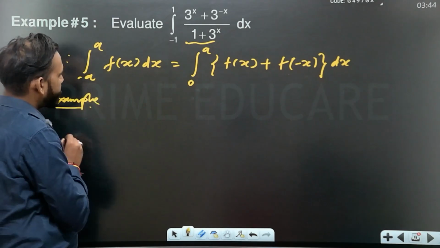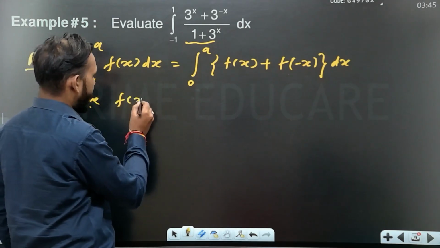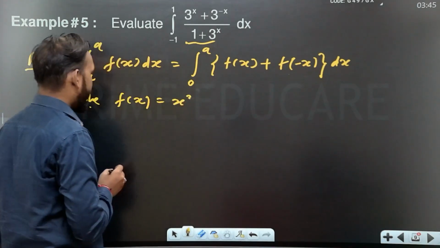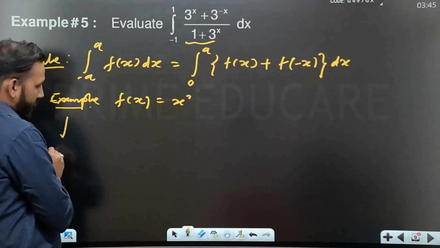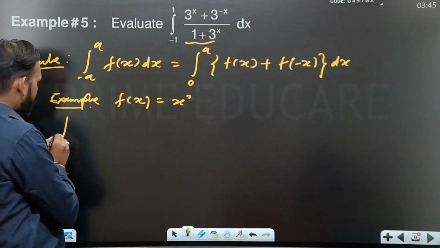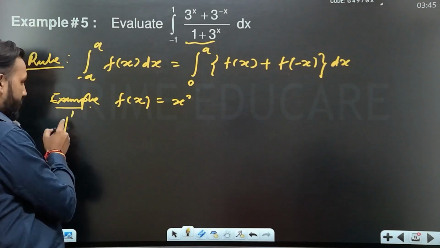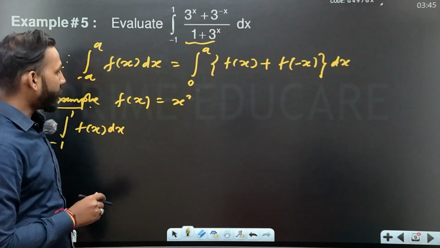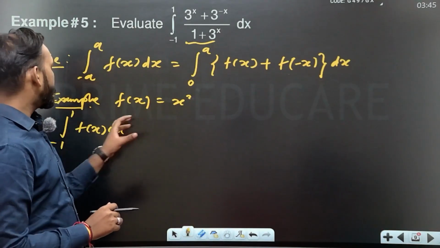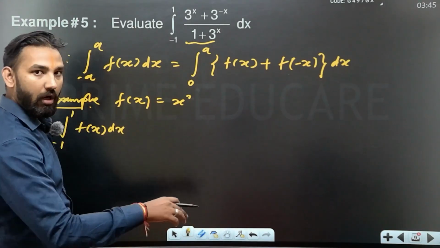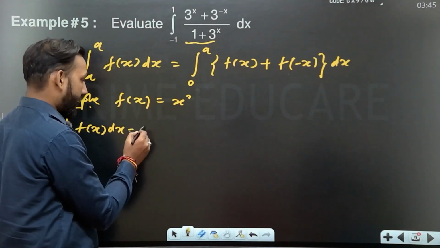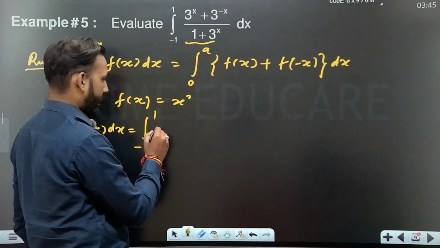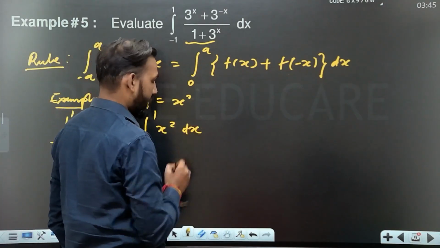Take f of x as x square, and we want to find the integration of f of x dx from minus 1 to 1. First, we find the integration of this function by the general method, which is the integral from minus 1 to 1 of x square dx.